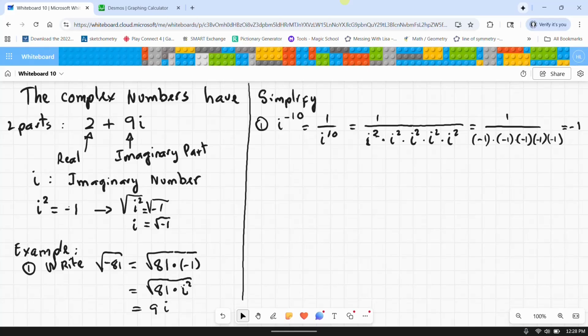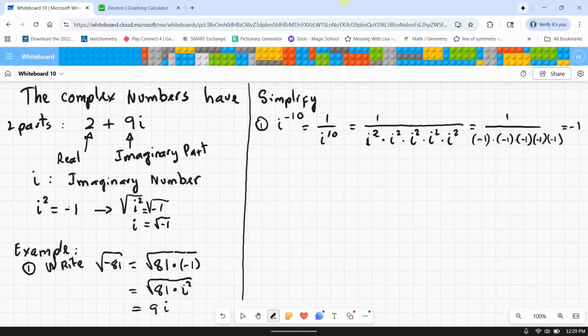Again, I'm breaking it down into so many i to the second power. I can do better than that, right? We can always try to do better than what we learned from the basics. So we come up with what we call the i degree cycle.